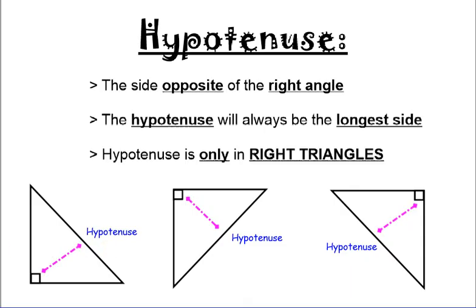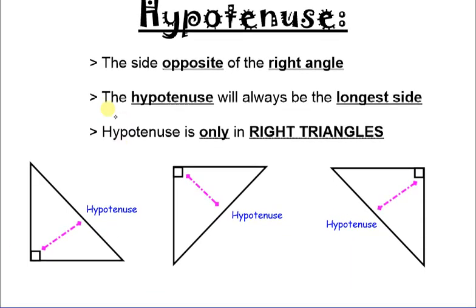One last note on triangles is there's another kind of crazy word, and it's called a hypotenuse. You can say hypotenuse. So the hypotenuse is the longest side of the triangle, and that's a rule. It's always going to be the longest side of the triangle.